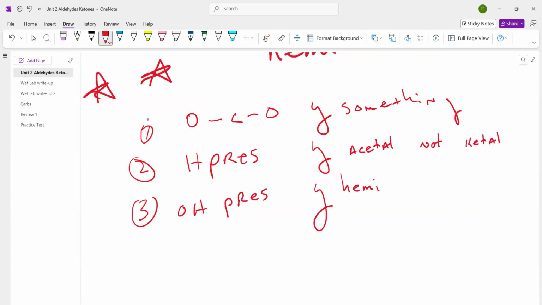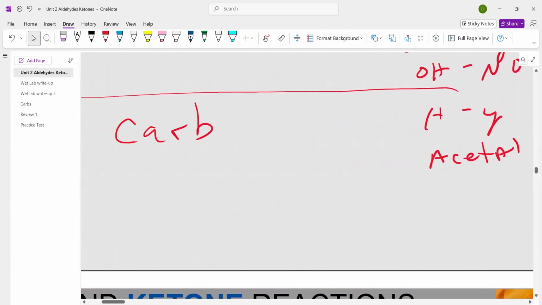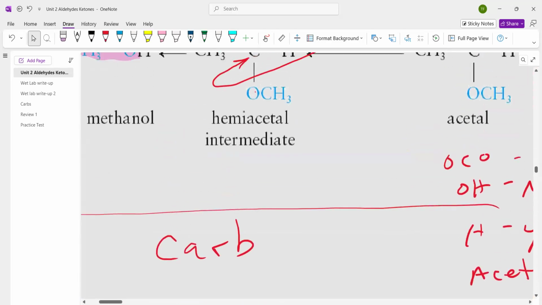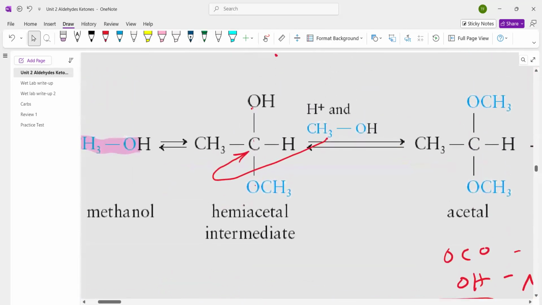So what we made is a hemiacetal. So we have OCO, yes, H, yes, OH, yes.